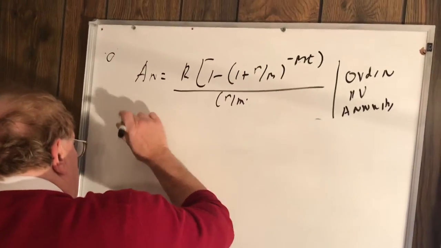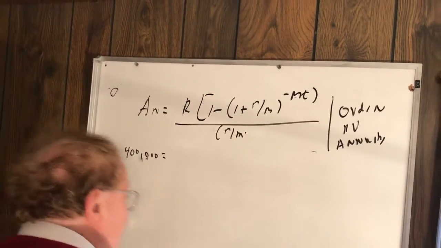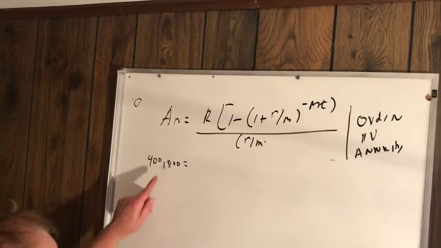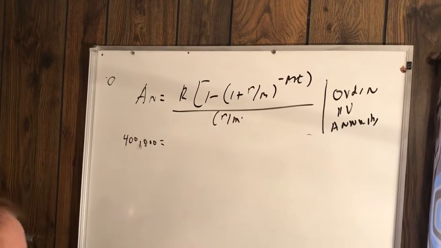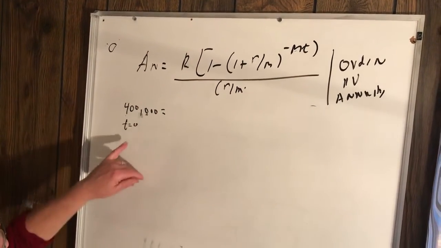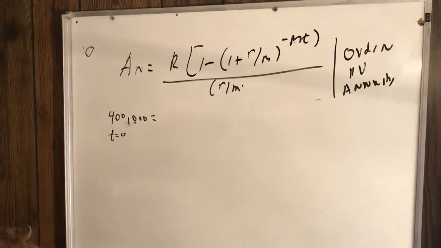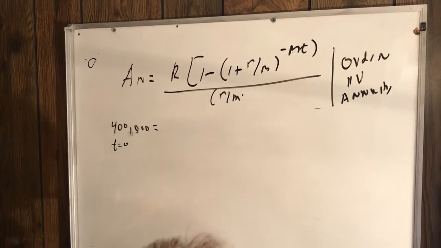So I know AN. Now here's where people get mixed up. Because I know AN is not S, not future value. It's what I have at time 0. If this was a future value, it's what I would want at time, let's say, 15 years. So what I want to know is, how much am I going to get?